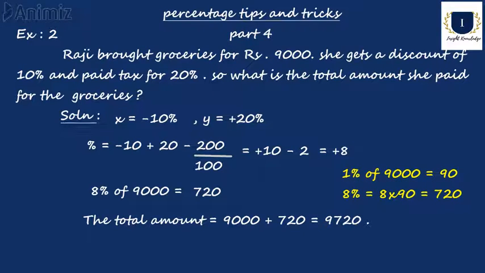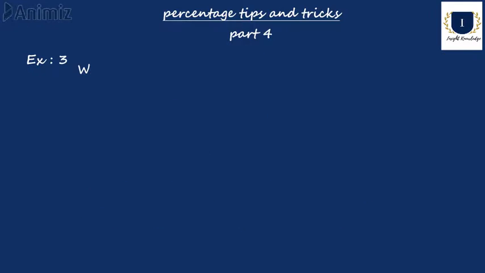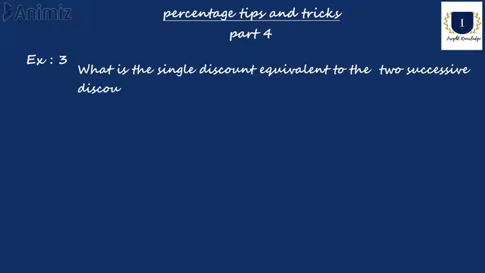So go to example 3. What is the single discount equivalent to the two successive discounts of 30% and 40%? Here see students, they have given the discounts 30 and 40. You should not say blindly 30 plus 40, so 70%. That's not right.